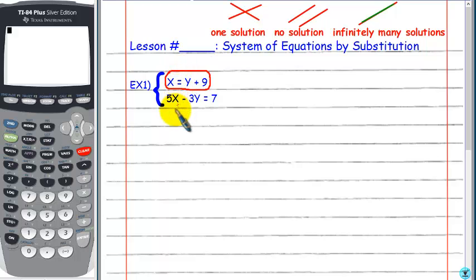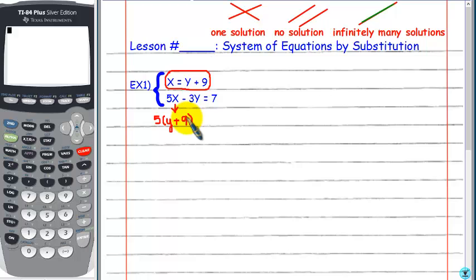Now with that in mind, I'm going to look at the second equation and I'm going to try to substitute. In other words, I know that x equals y plus 9, so I'm going to rewrite this second equation using that information. Whenever I see the letter x, I'm going to replace it with what it is equal to, and we know that it is equal to y plus 9.